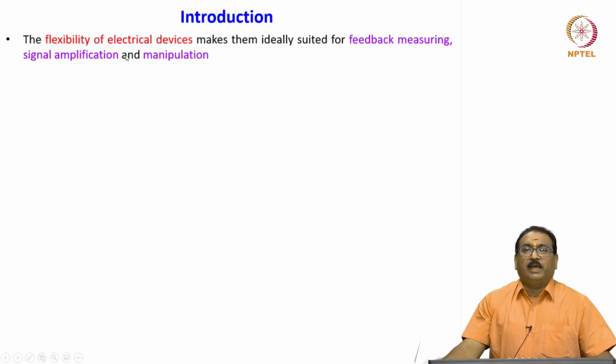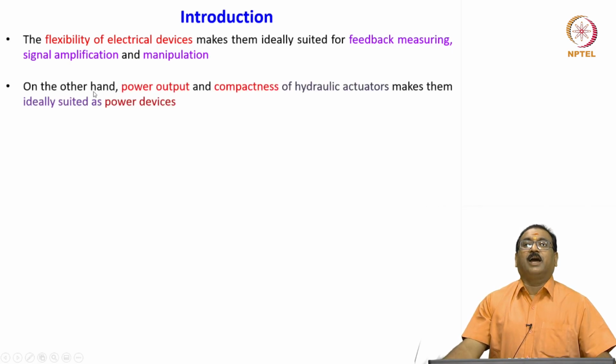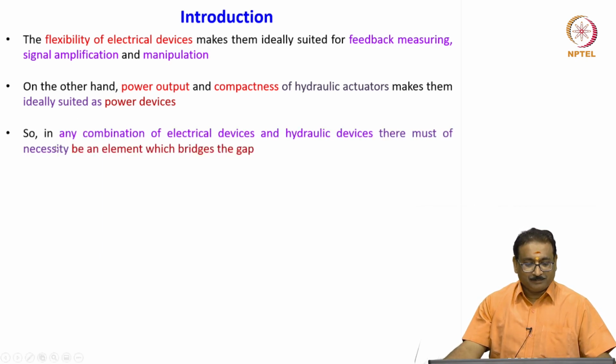The flexibility of electrical devices makes them ideally suited for feedback measuring, signal amplification and manipulations. On the other hand, power output and compactness of hydraulic actuators make them ideally suited as power sources or power devices.